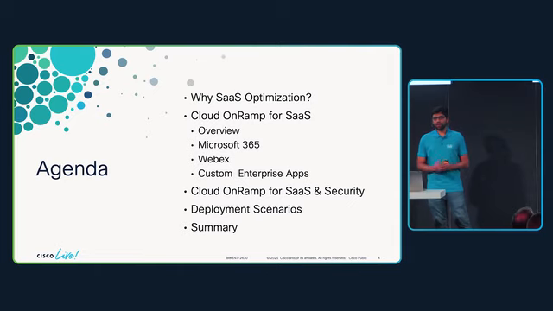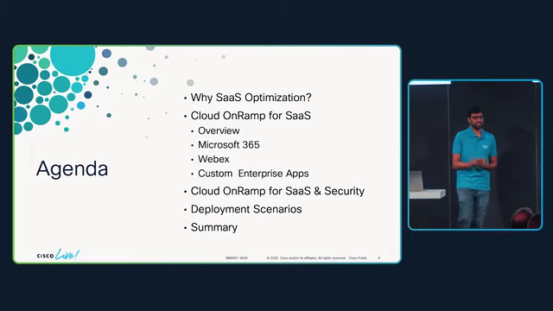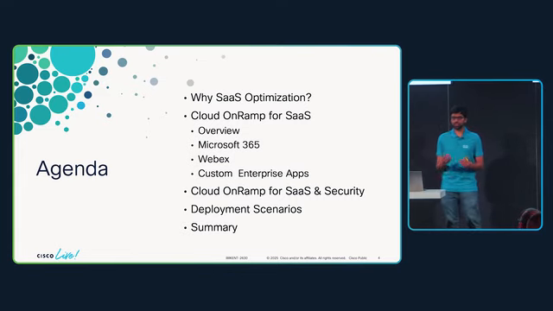And then we're going to look at how SaaS optimization could work together with security in place, because SSE or SASE is the new trend, where you're all looking at adopting Cisco Secure Access, Zscaler, or other kinds of cloud security solutions. So we're going to look at how these two things can interoperate, then cover some of the deployment scenarios, and then wrap up the session after that.